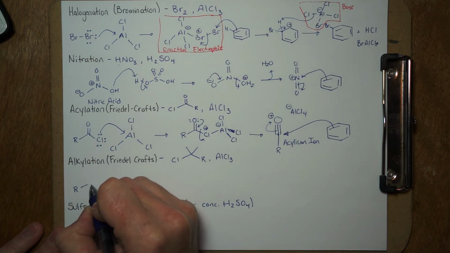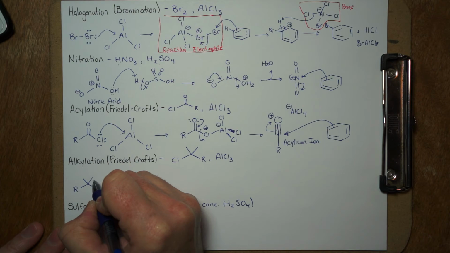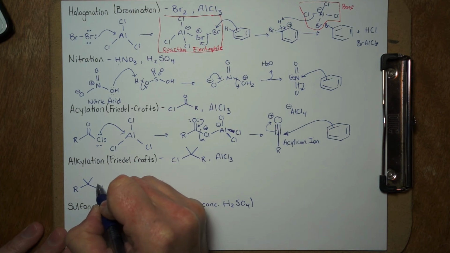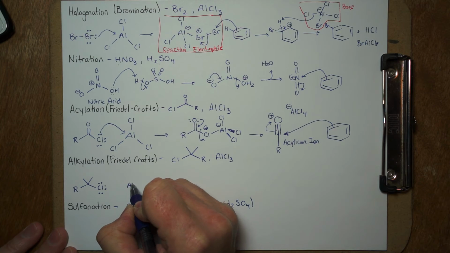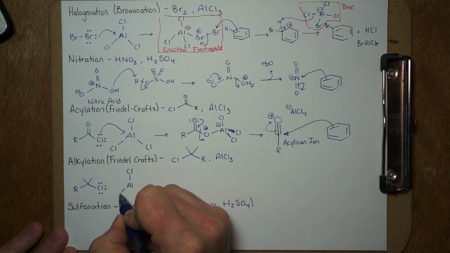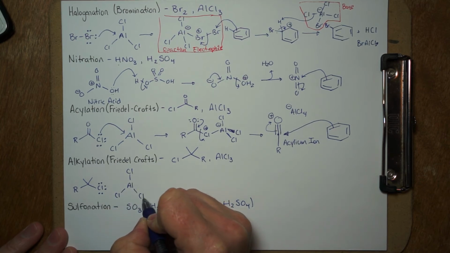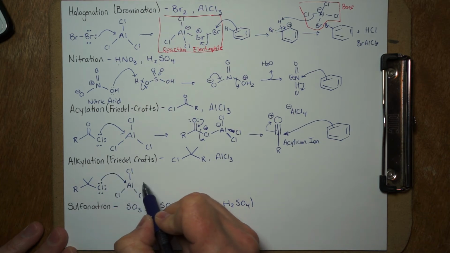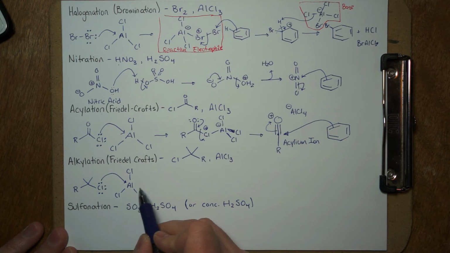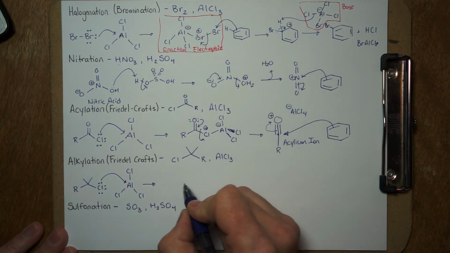We'll take our alkyl chloride in this case, and the aluminum trichloride. And the chlorine and the alkyl chloride will add to the aluminum. So this is the Lewis base. This will be the Lewis acid.